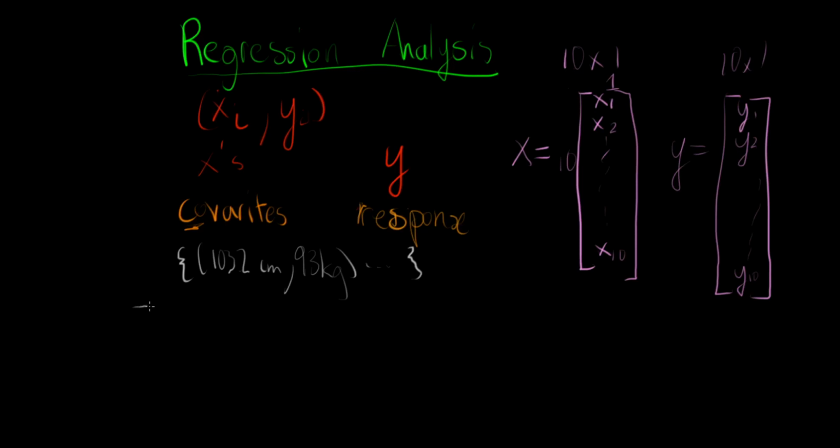Then we turned it into this format where the i represents the ith person's measurement, and finally we turned it into matrices over here. They all mean the same thing, just in different forms. This is a 10 by 1 vector, and this is a 10 by 1 vector for the y.